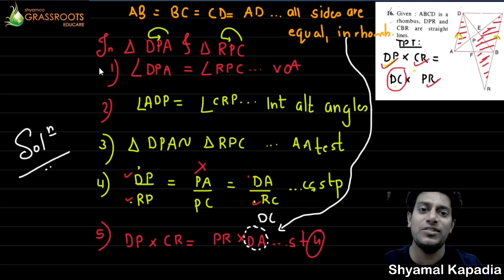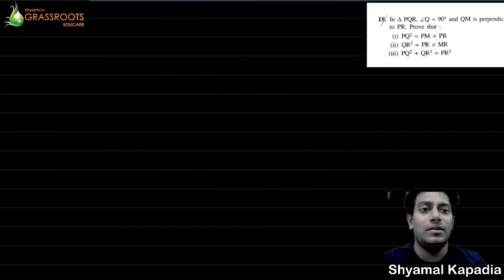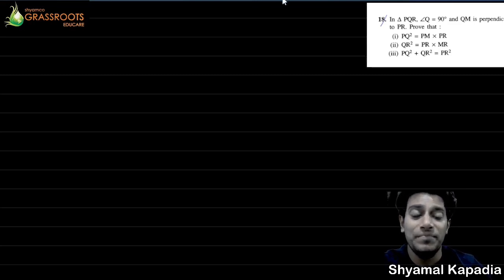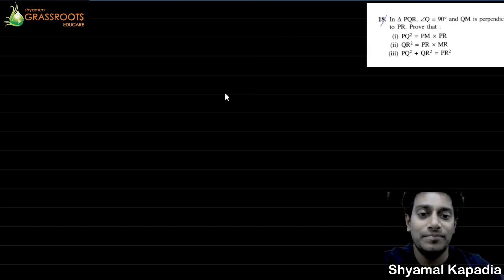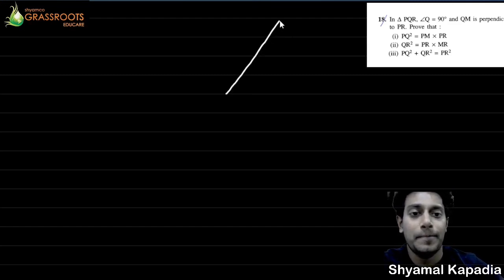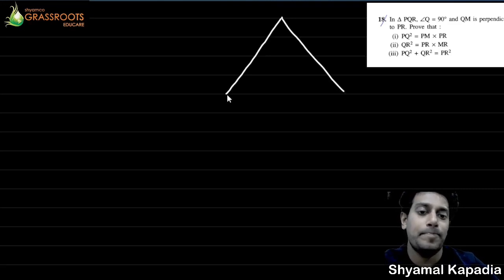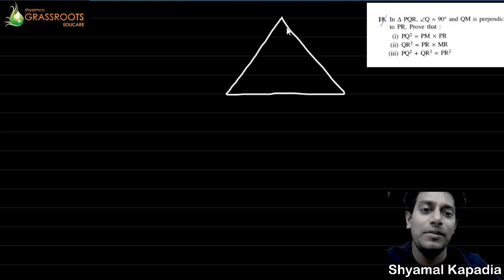Okay, coming to the next question. One more wonderful question, a very difficult sum. It's a huge sum. Now, I have been told that there is a triangle PQR. In triangle PQR, Q is 90 degrees.